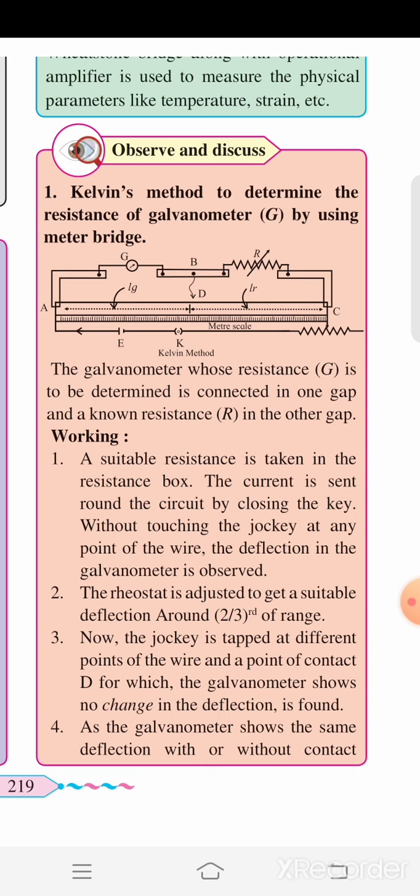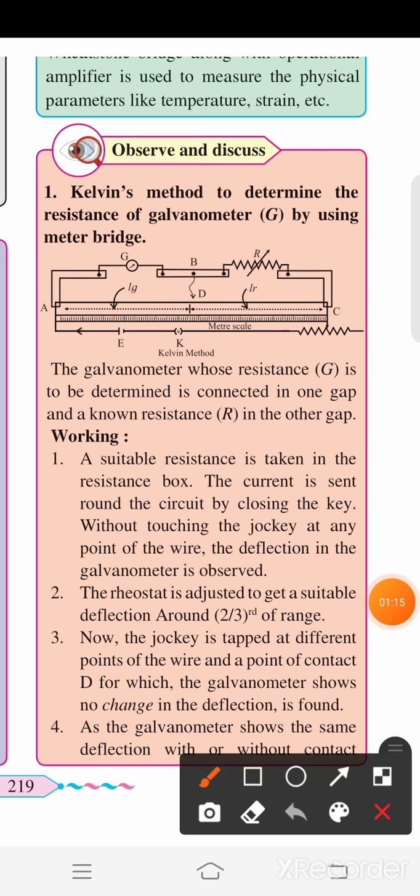A third metal strip, the central metal strip, is mounted on the wooden board, making two gaps with the two thick L-shaped metal strips. In the left gap, between the L-shaped metal strip and the central metal strip, a galvanometer is connected, and in the right gap, a known resistance, that is a resistance box, is connected.